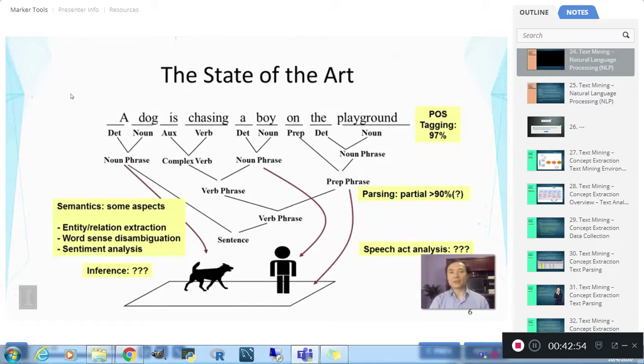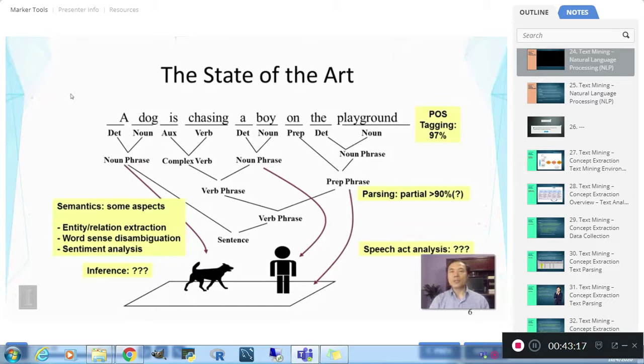And that's a generally difficult problem in artificial intelligence. Speech act analysis is also very difficult, and we can only do this probably for very specialized cases with a lot of help from humans to annotate enough data for the computers to learn from.